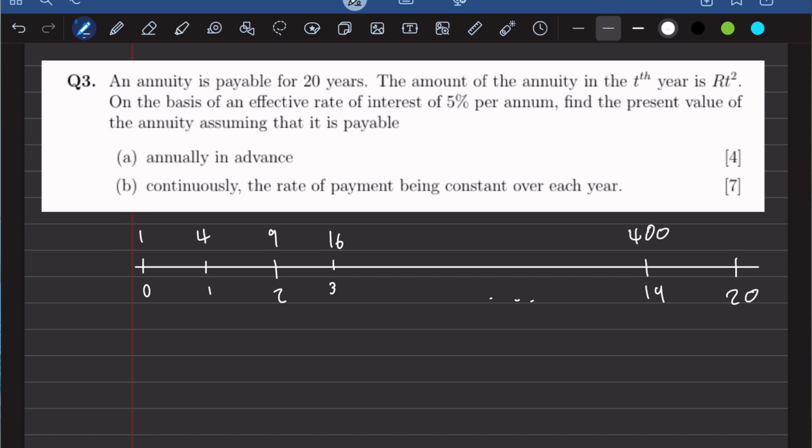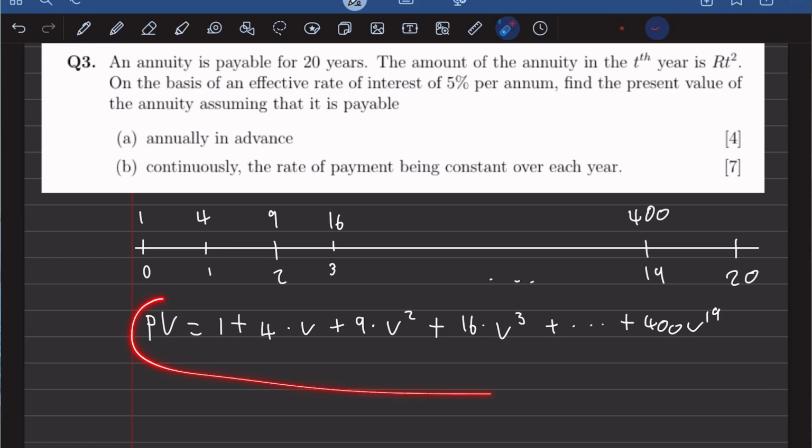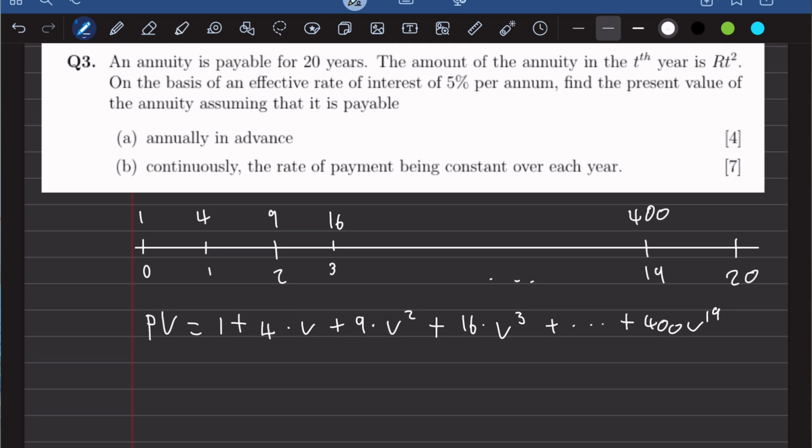So how would we find the present value? All we'd do is bring all these amounts to time 0. So the present value would be 1 plus 4 times v, because you're present valuing it, plus 9 times v squared, plus 16 times v cubed, plus all the way up until 400 times v to the 19. Here we're going to use a little trick where we take this equation and multiply both sides by v, and you'll see why later.